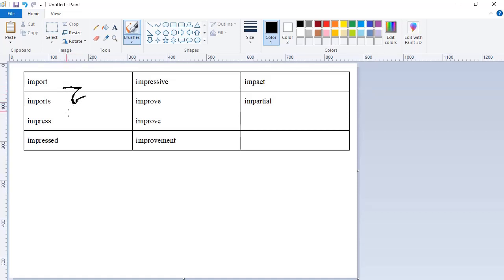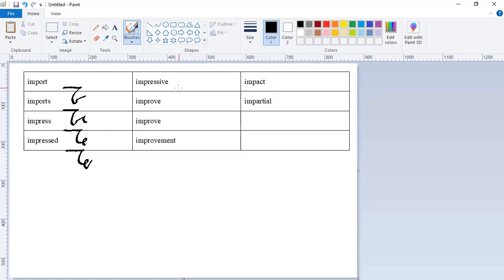M-P-O-T, import. Next imports, we have M-P-O-T-S, imports. S. Impress, we have M-P-R-E-S, impress. Next, impressed. M-P-R-E-S-T, impressed. Next, we have impressive.